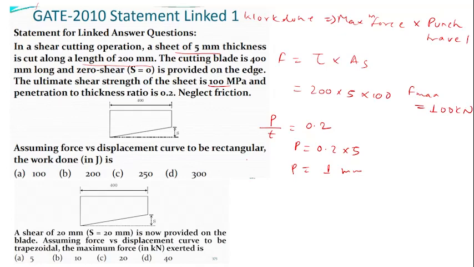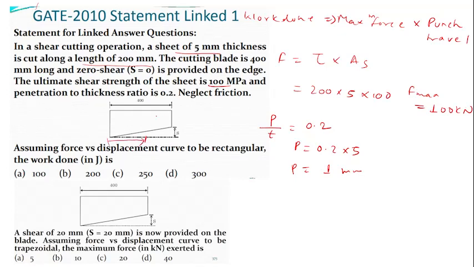Why are we reading 200 into 5 when they have shown 400? See, in the first question it is mentioned that it is cutting along a length of 200 only. So the length of your sheet will be up to here only, right?